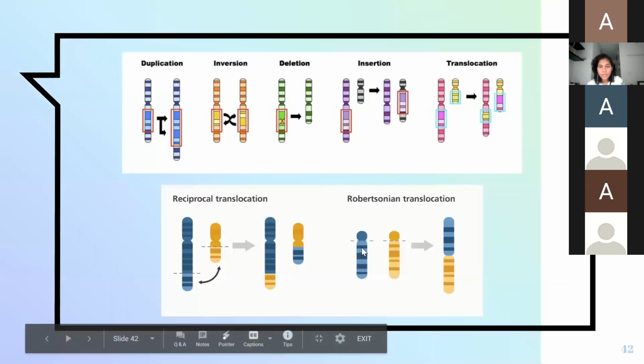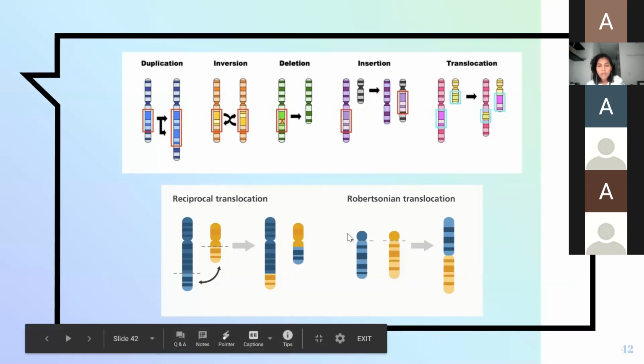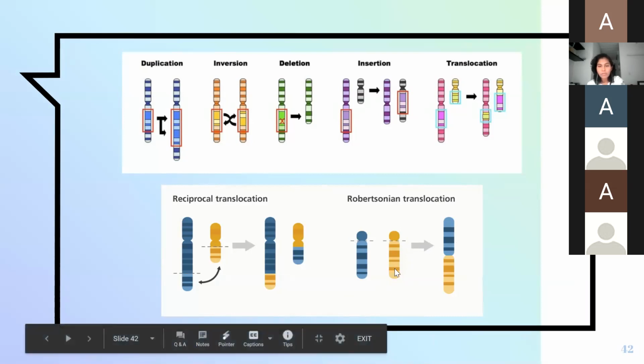Let me try and show you in this. With Robertsonian translocations, the main thing you need to remember is that this mainly happens with acrocentric chromosomes, because the short p arms are essentially taken away, and the long q arms of both of these chromosomes are joined, and this becomes just one chromosome.